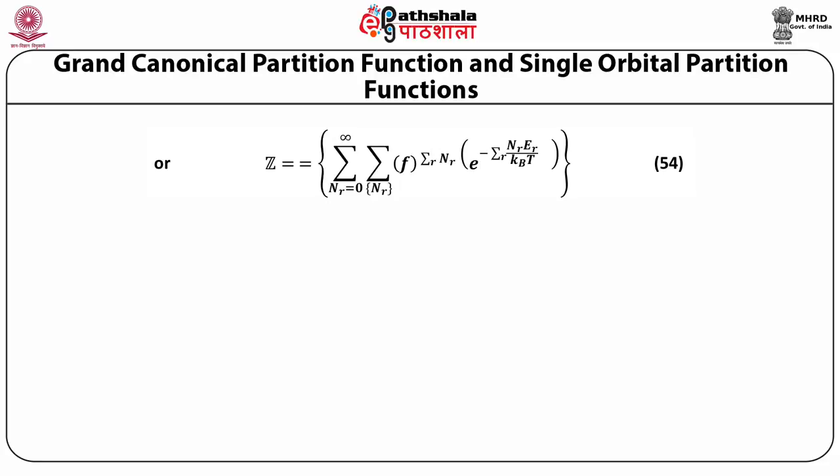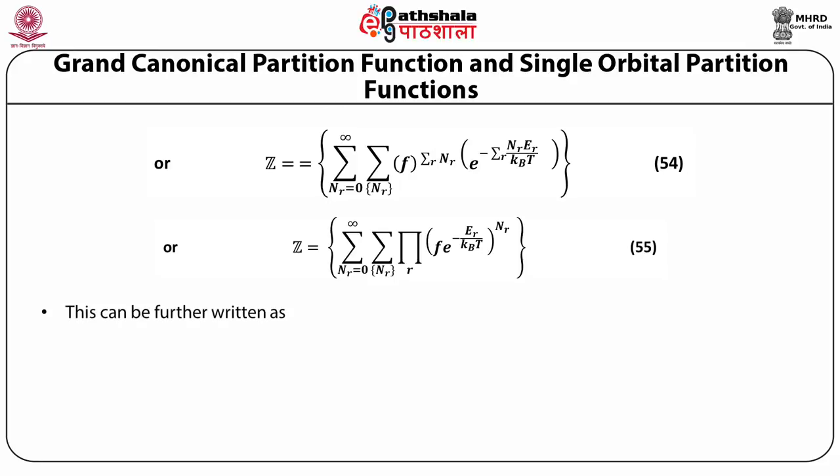or Z is equal to the summation over N_R from 0 to infinity, summation over the set {n_r}, of fugacity raised to the power summation over r of n_r multiplied by e raised to the power minus summation over r of n_r E_r upon k_B T, which can be further written as Z equals the summation over N_R from 0 to infinity, summation over the set {n_r}, of the product over r of (f e raised to the power minus E_r upon k_B T) raised to the power n_r.